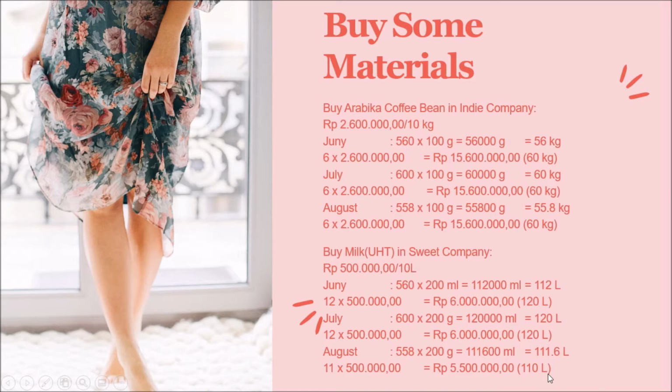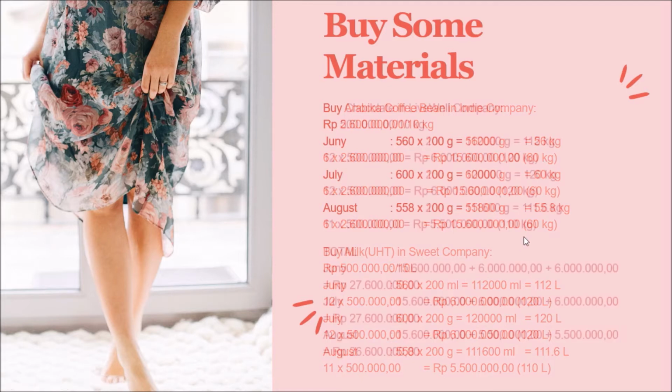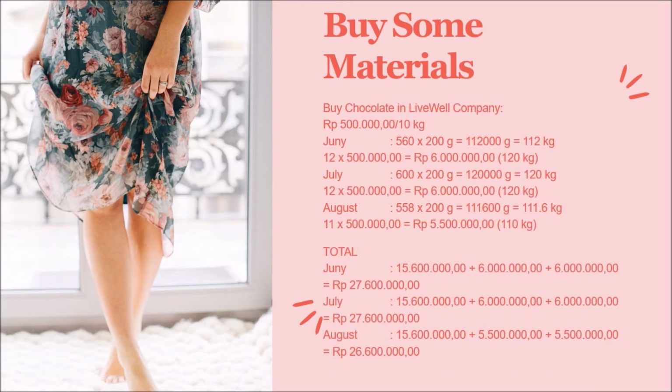If we only buy 110 liter, we need 1.6 more liter, right? And we can cover it from milk in June. And then for chocolate, it is the same, and the total is about 27 million in June and July, and for August about 26.